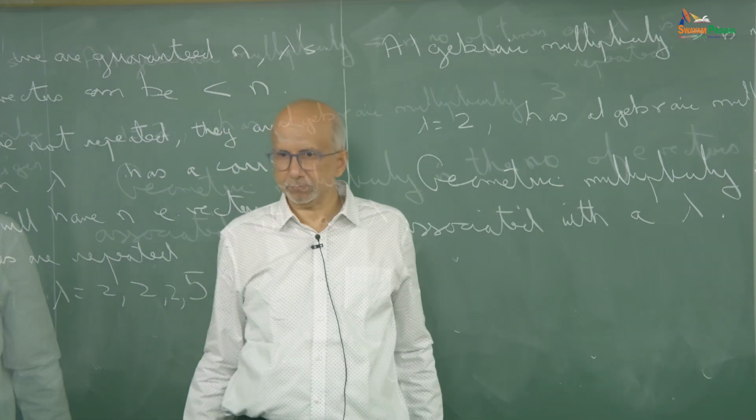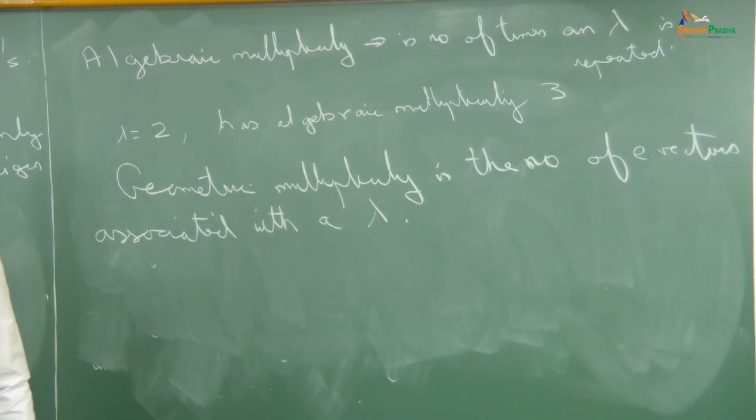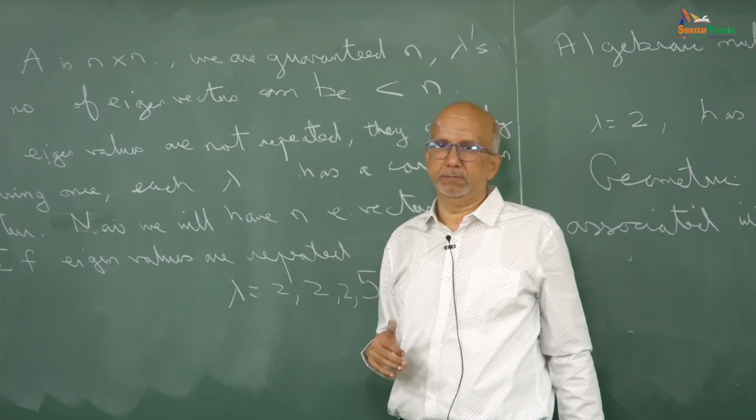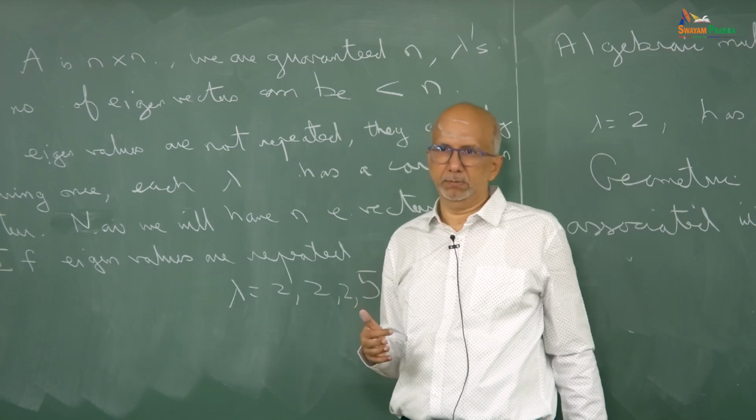Okay. So you could have situations where you'll have 3 eigenvectors corresponding to lambda equal to 2. You may have less than 3, also possible. Okay.